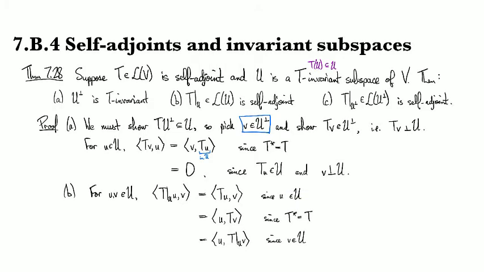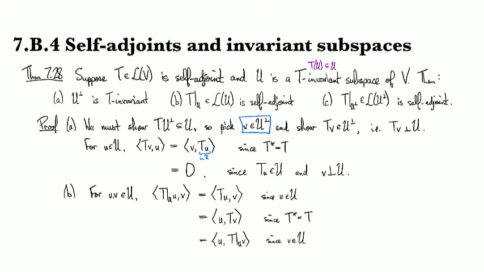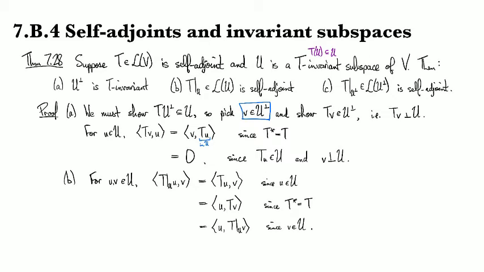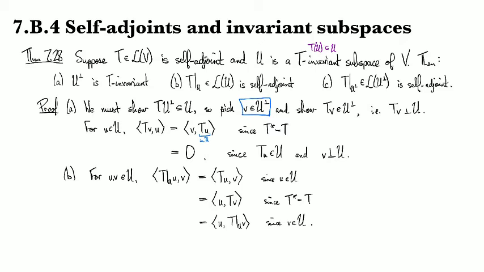So in the first one, this equality is because u is in there, and then this equality is because v is in there. All right, I like it. And then on to the next one.